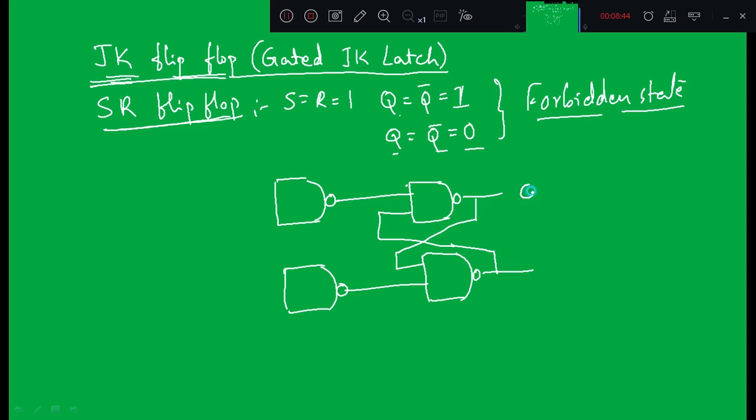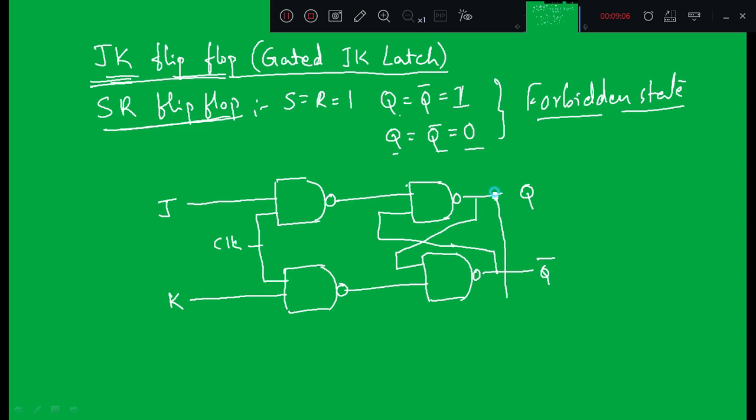So this is Q, this is Q bar, and one input is the control input, which we call the clock. The second input, instead of S and R, you denote as J and K now, right? So now this is the modification in the SR flip flop.